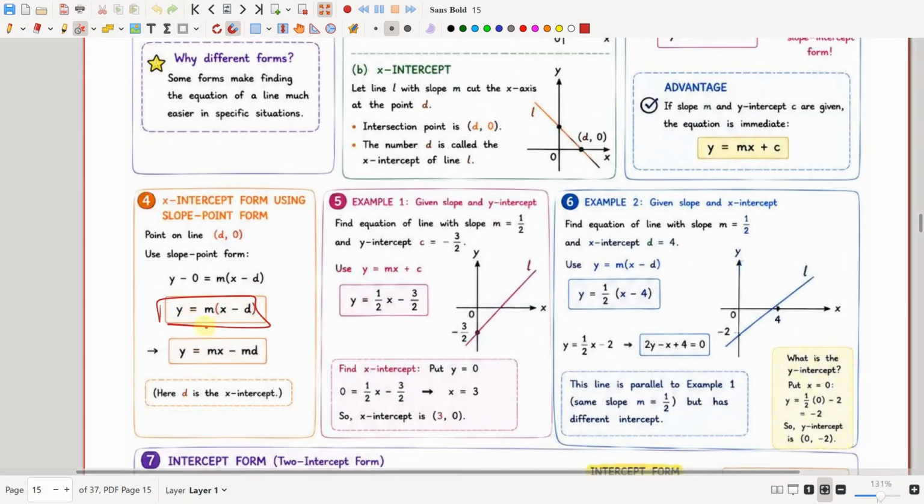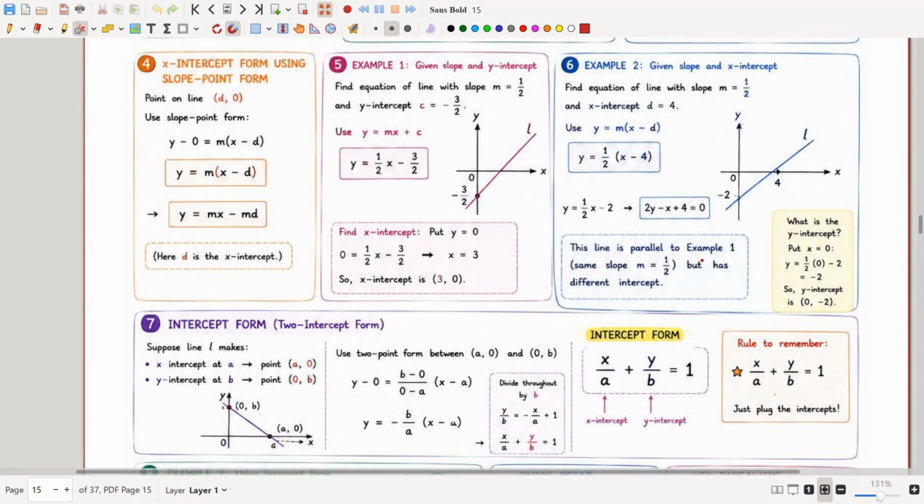I can use this formula itself. So you are given an equation of a line with slope and the x-intercept, so y is equal to m into x minus d, which is 1 by 2 into x minus 4. I'm simplifying this to get 2y minus x plus 4 is equal to 0. This is the equation of this line.